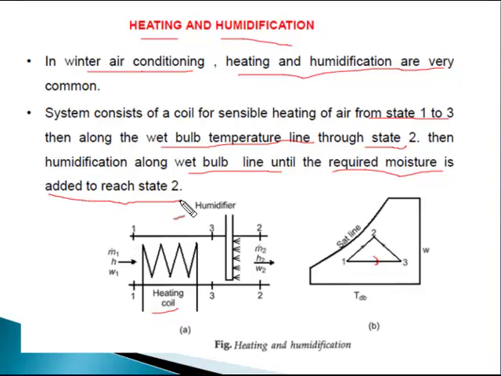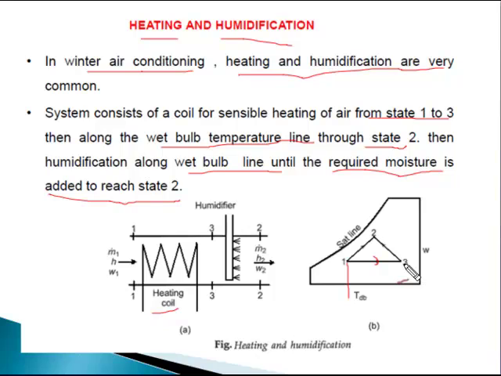It means in this psychrometric chart we can see we need to process 1 to 2, but it will be obtained during this process. First we use a heating coil that increases the temperature of the moist air from 1 to 3.